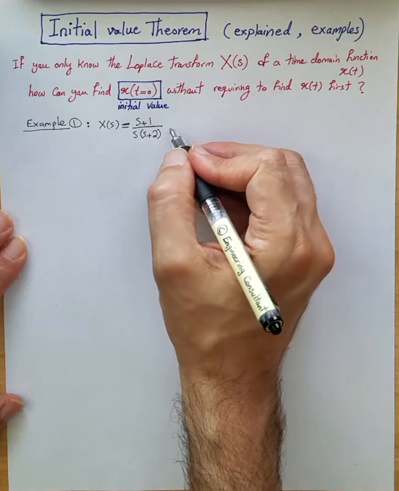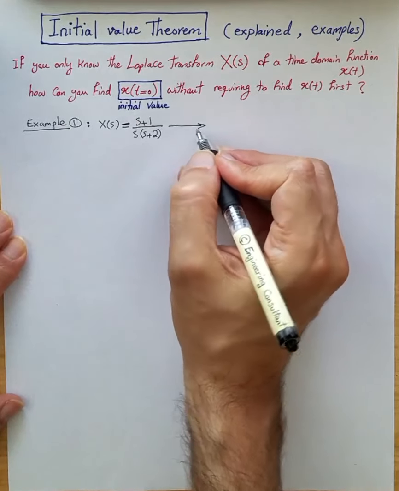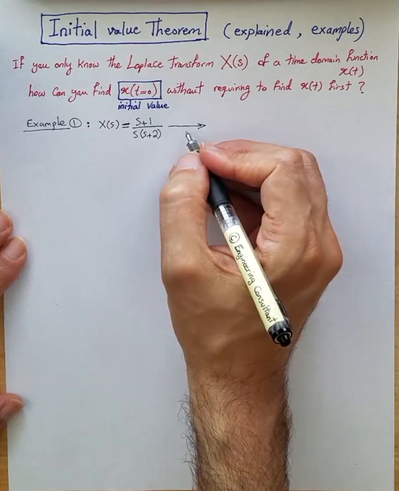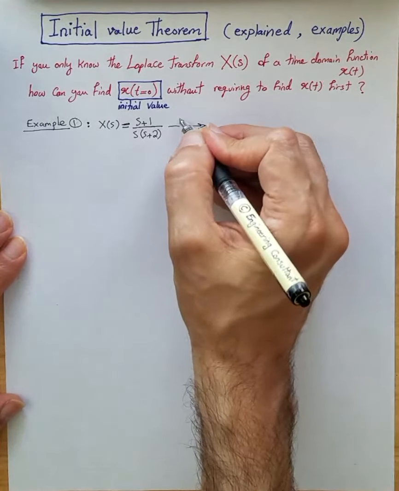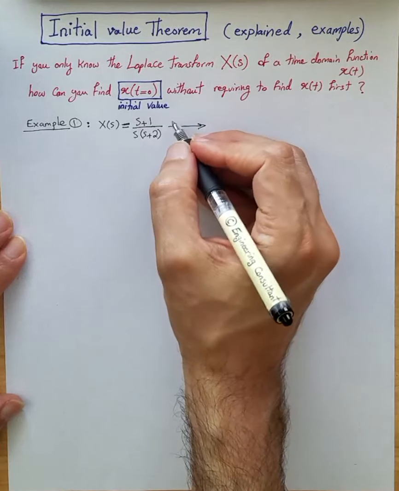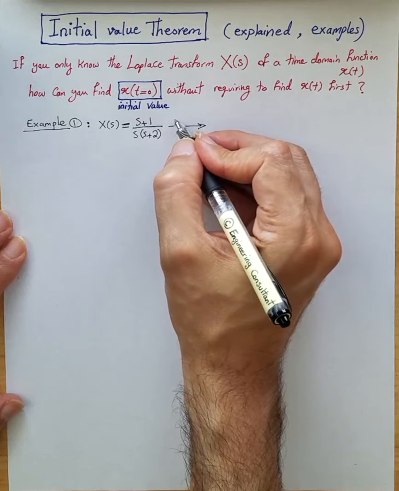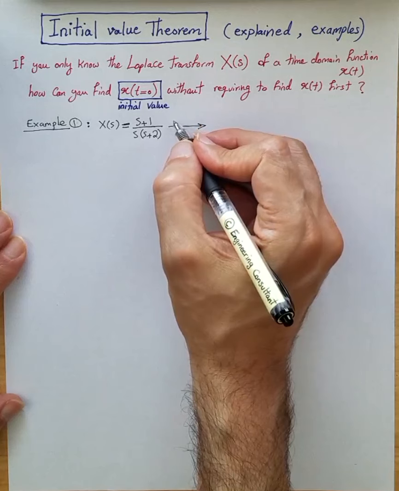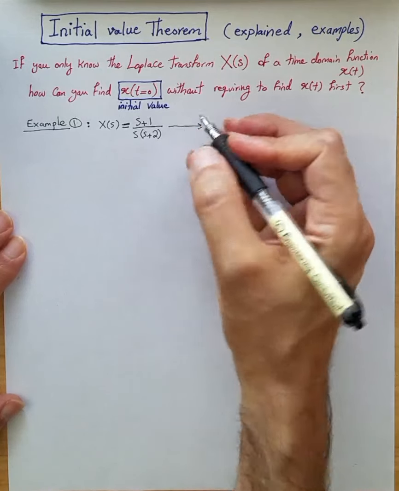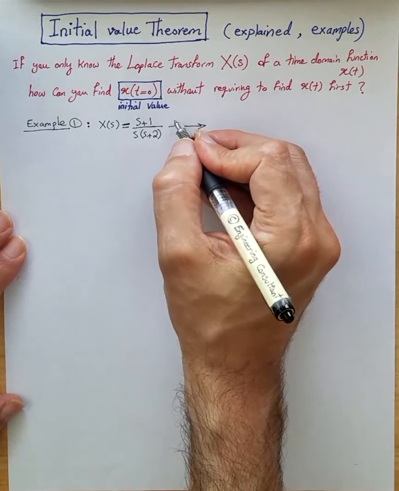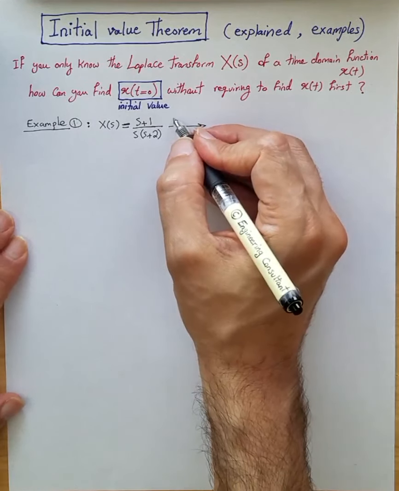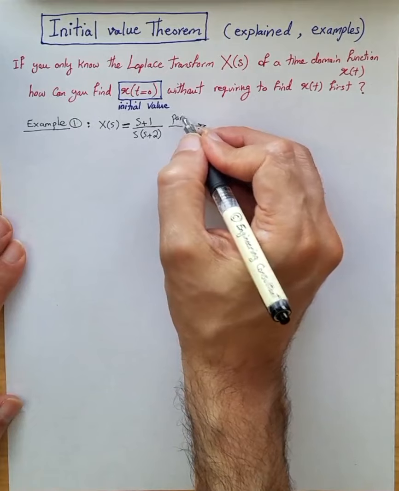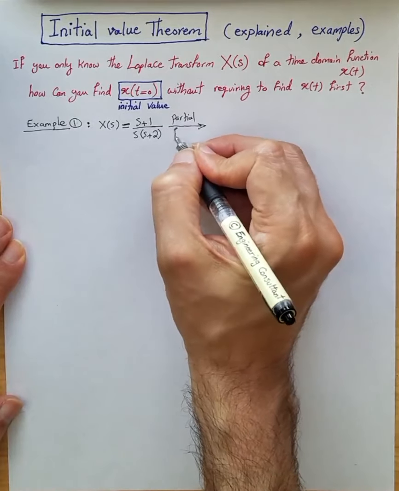Traditionally speaking, forgetting about the initial value theorem, if I want the initial value of the time domain function, I have to figure out the time domain function. The best way to go through the inverse Laplace transform would be first dealing with a partial fraction expansion.